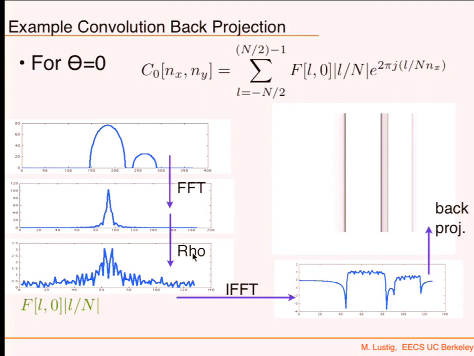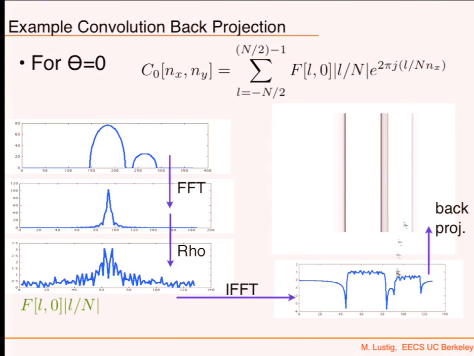If I want to compute the filtered back projection, it's equivalent to taking the IFFT of that, which gives me a one-dimensional signal, and then going and smearing it through the entire two-dimensional space. Just take it and smear it. Why? Because it doesn't have any other value for y. It's all the same for all y's.